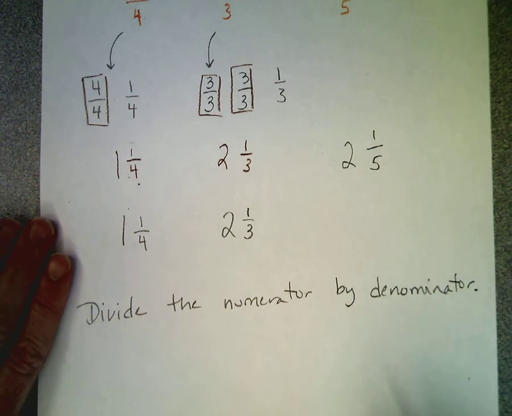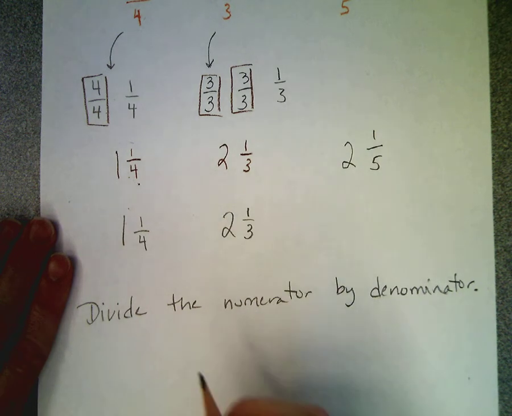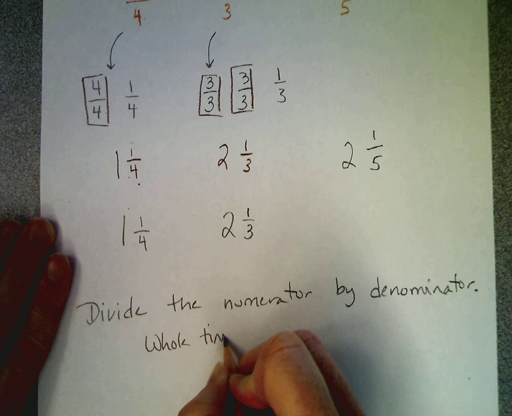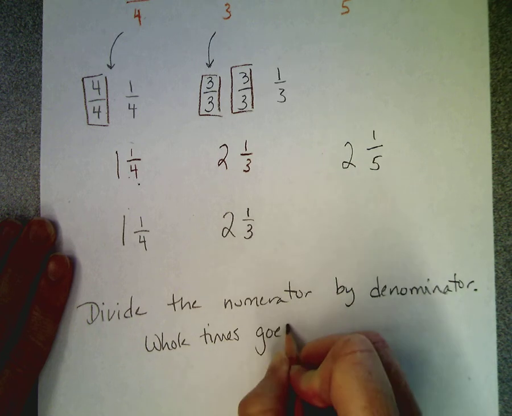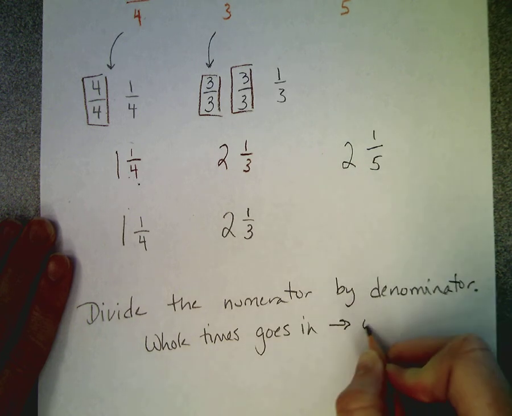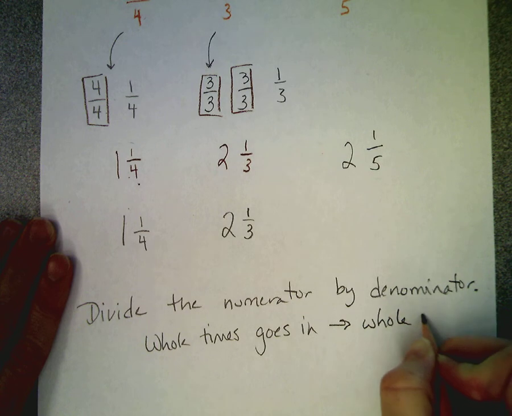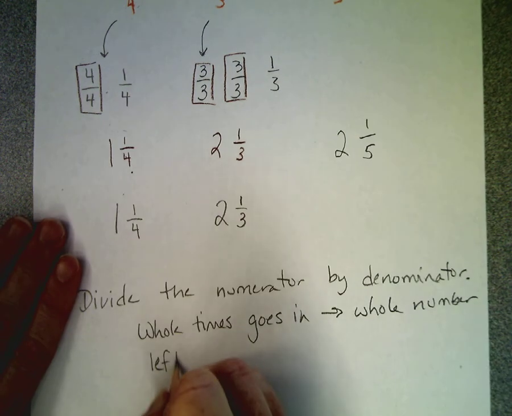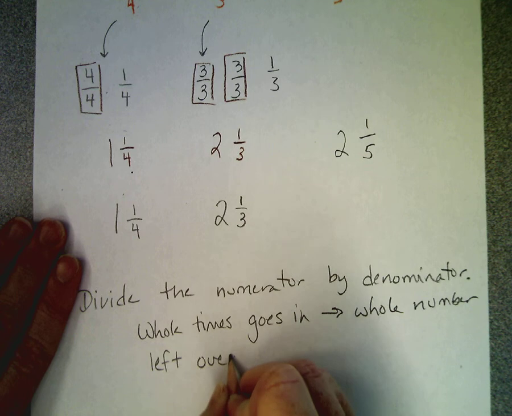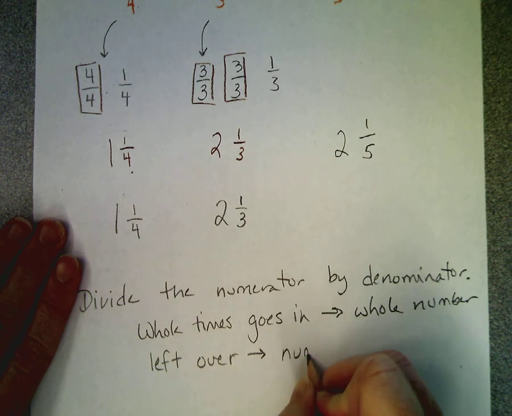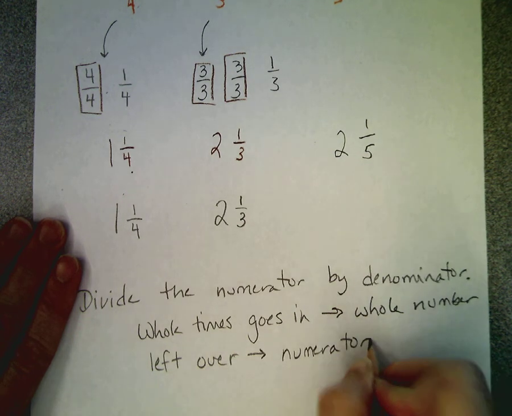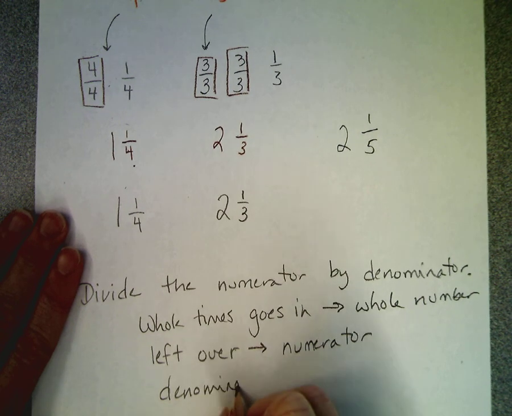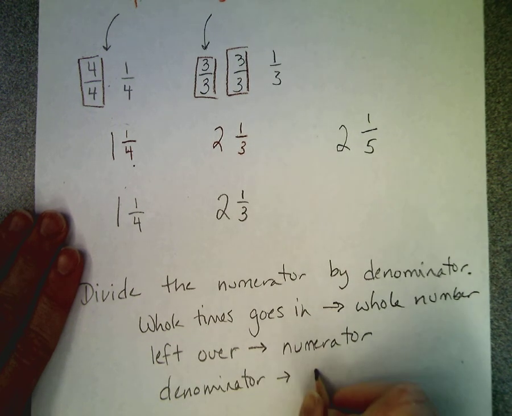However many whole number times it goes in gives you the whole number. And then whatever is left over becomes your numerator, and your denominator stays the same.